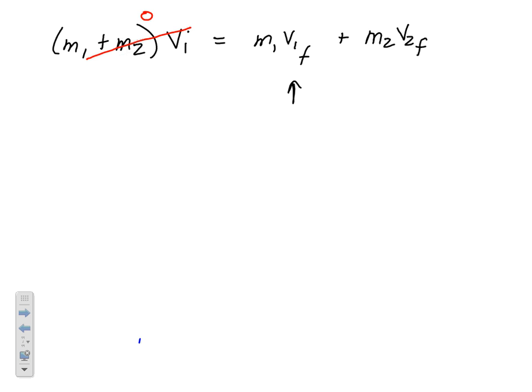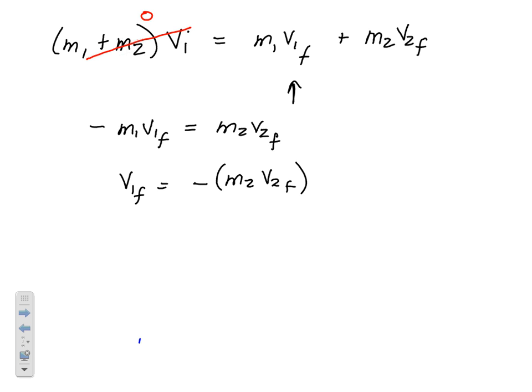And I'm going to subtract m1 v1f from both sides. So you can see that the momentum of the kayak is the opposite of the momentum of the student. Let's solve for v1f. We have negative m2 v2f, put a parentheses around that, divided by the mass of the kayak.